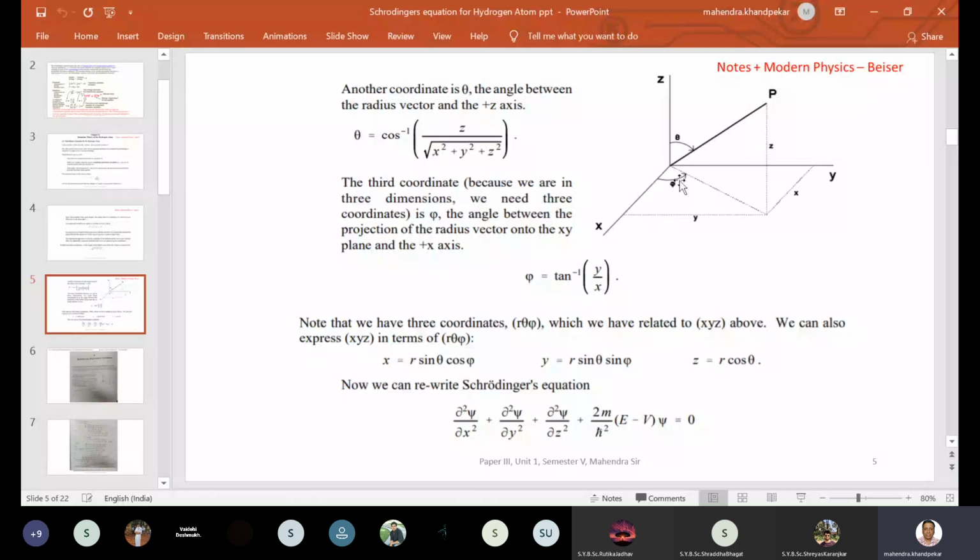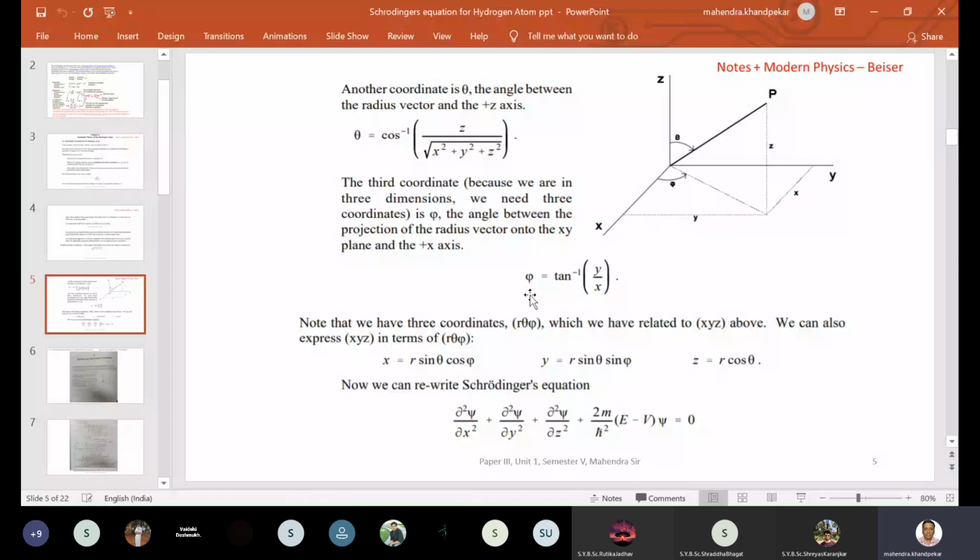Similarly, this phi is nothing but you drop a projection here from the, let us say, electron onto the x and y axis, common of x and y axis here. The angle between the projection of the radius vector on x and y and the positive x axis gives you what is called phi.